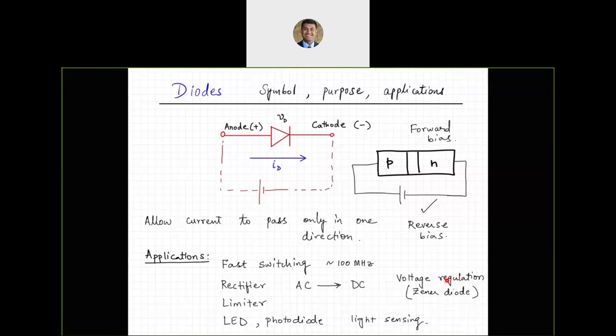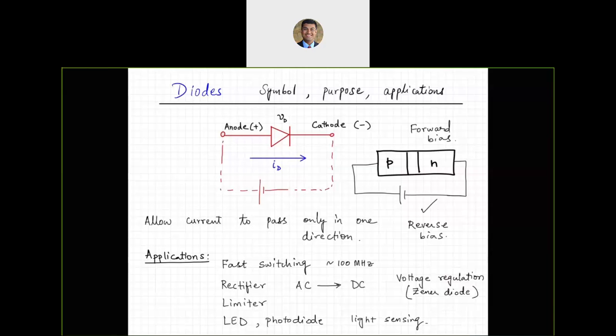I want it to be pretty much the same, irrespective of how much current flows through it. So even if I change the current a little bit between those 2 points, I should be able to maintain the voltage regulation. I can do that using a Zener diode, and we'll talk about that as well. So these are some of the applications.